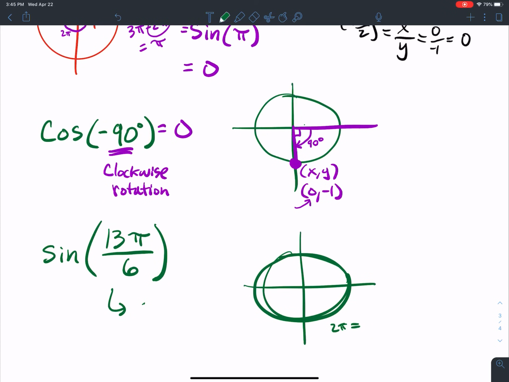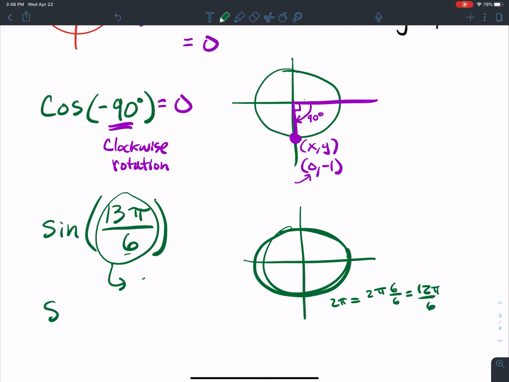Well, 2 pi with a denominator of 6, so I'm going to multiply top and bottom by 6. That gets me 12 pi over 6. So it looks like this is just a little bit bigger than 12 pi over 6. What is it really? It's really 12 pi over 6 plus pi over 6, right?